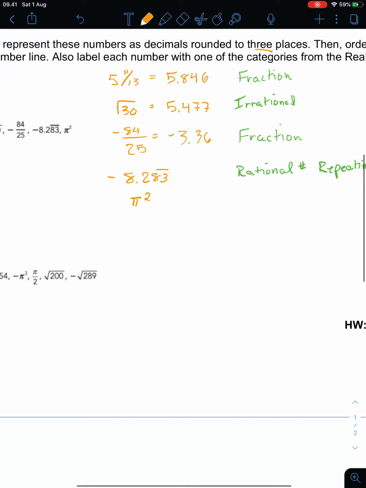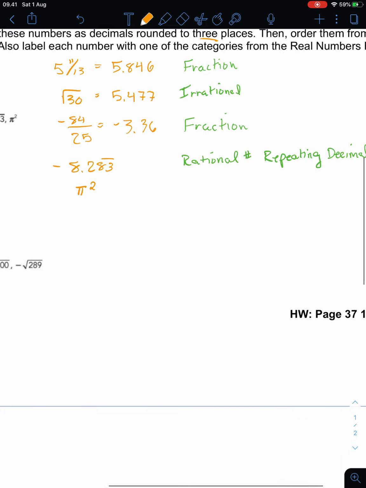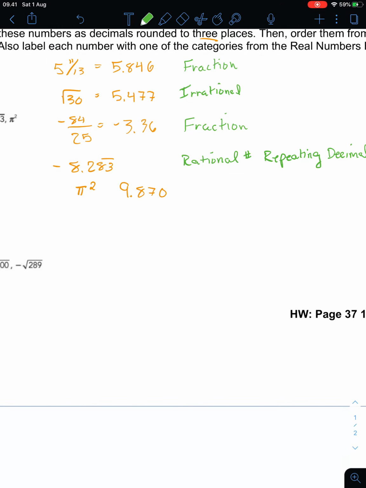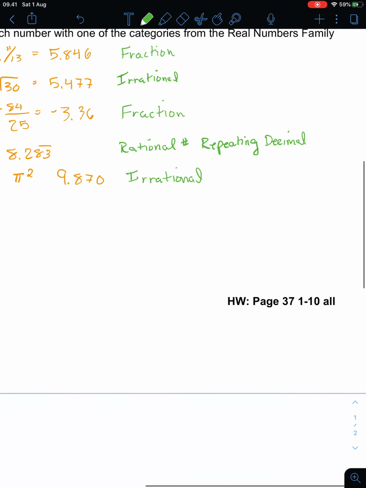All right, and what I get is 9.8696, okay? And I'm gonna round that to 9.870. That's how we would round that, okay? And this is an irrational number. Pi is the classic example of an irrational number. So if I square it, it's still going to be irrational.